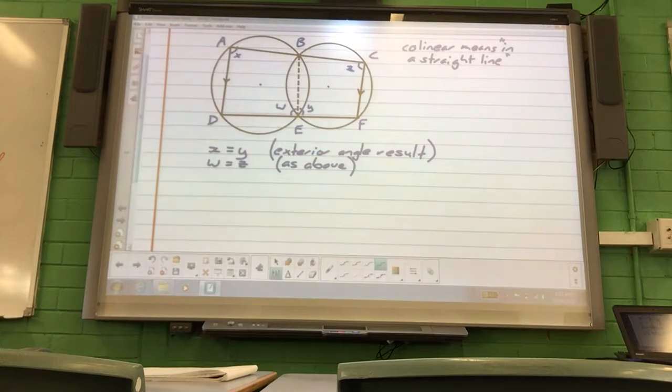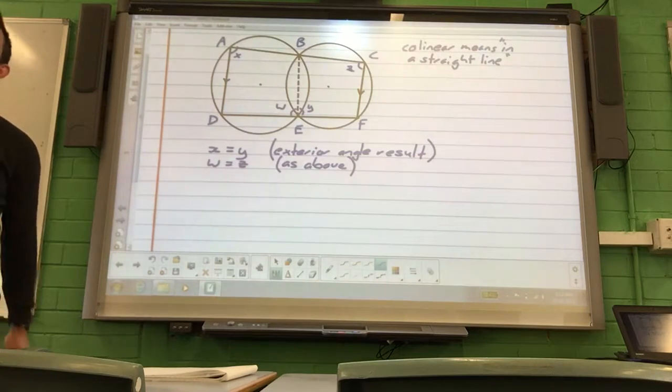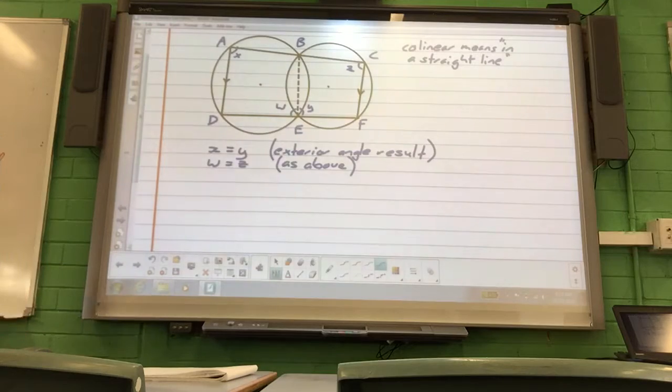So what else can we state? We have cyclic quadrilaterals. What else do we have in our diagram? What can we state involving parallel lines? x plus z equals 180.